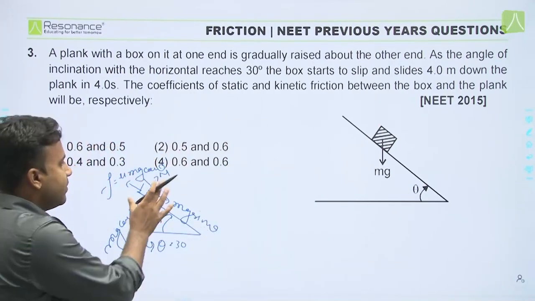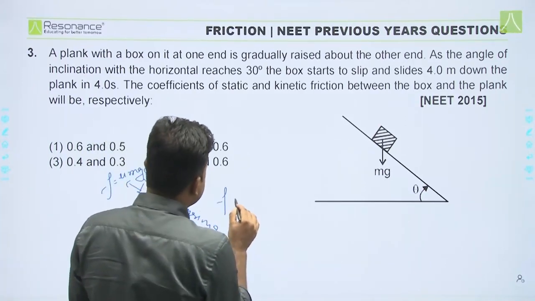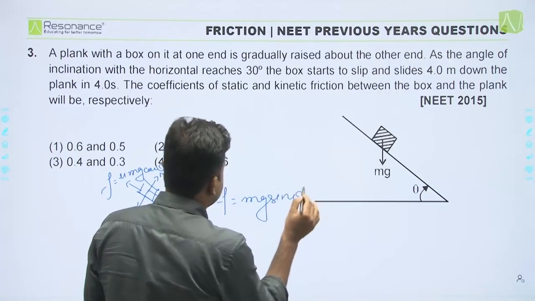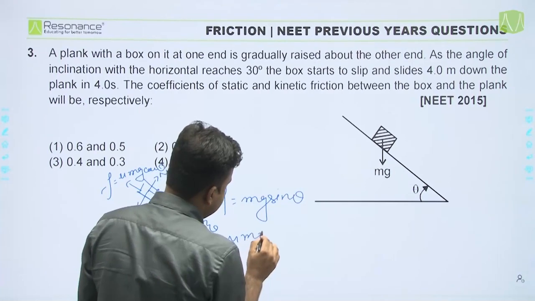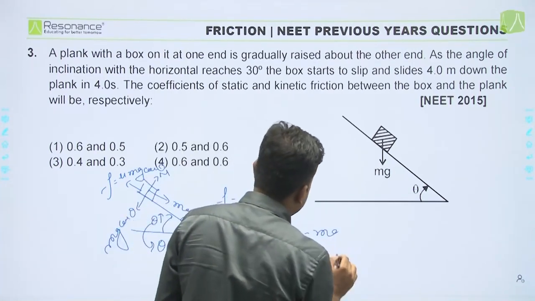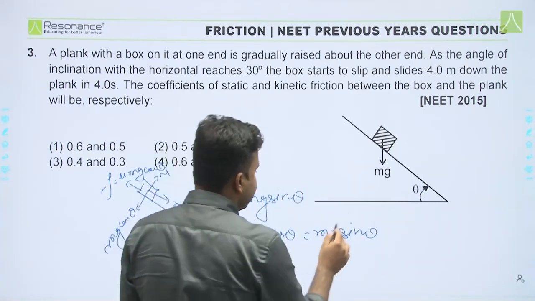we can write F is equal to mg sin theta. Now F is mu mg cos theta, which is equal to mg sin theta. mg cancels out.